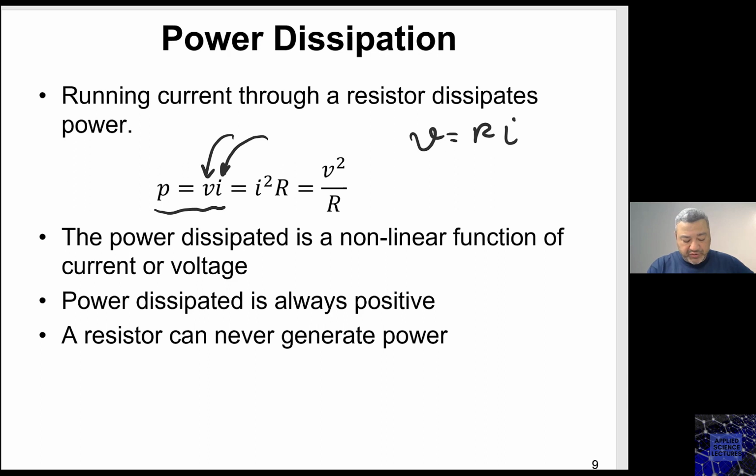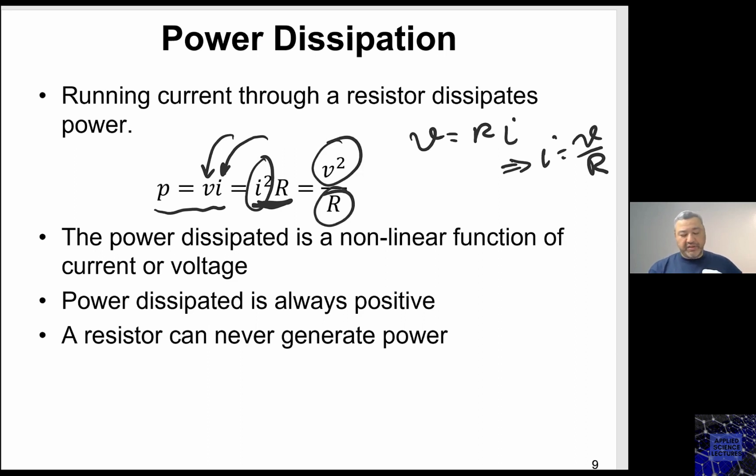If I substitute V with Ri, I get the power dissipation to be I squared R. And as you can see here, this relationship is nonlinear. Or if I substitute I with V over R, I get a relationship for the power in terms of the voltage and the resistance, but it is again nonlinear because the voltage here is squared.